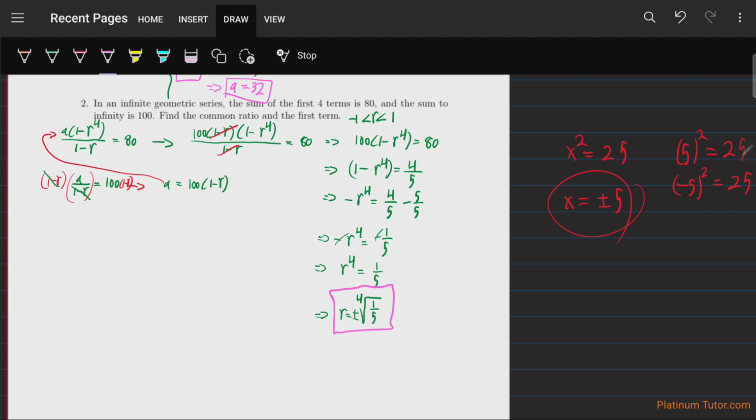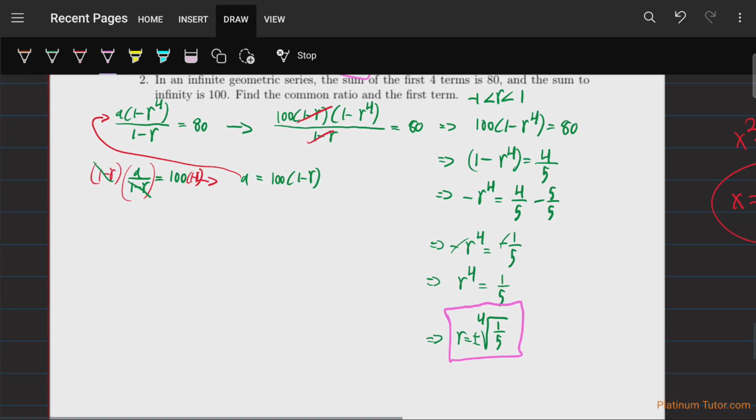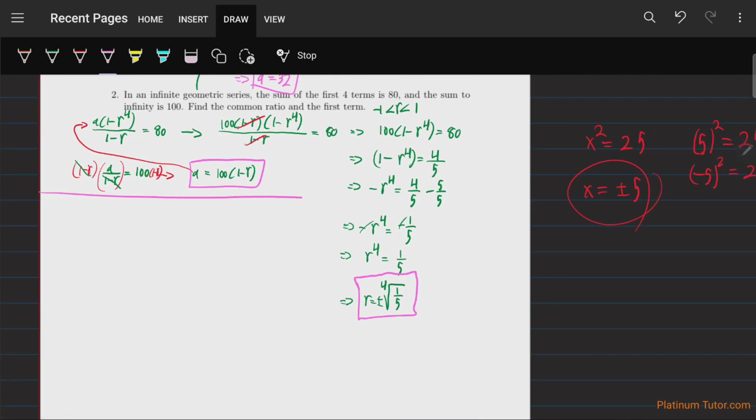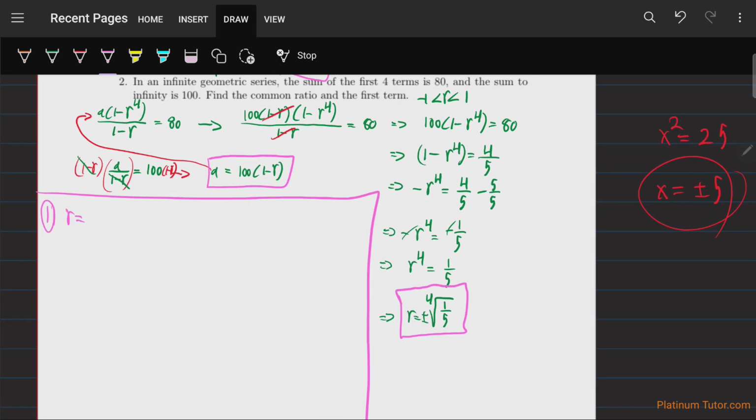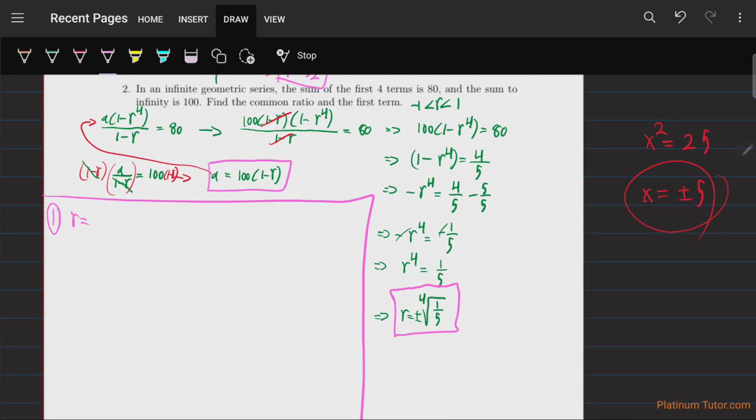Now for the calculation of the first term, the a term. I'm going to use this to calculate a. We have two possibilities, and both of these solutions that we'll come up with are correct. It's just two possible solutions for this problem.